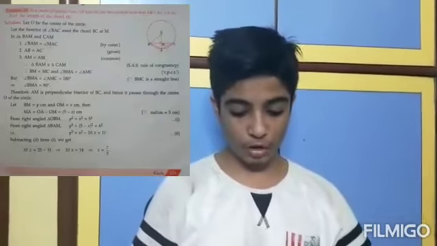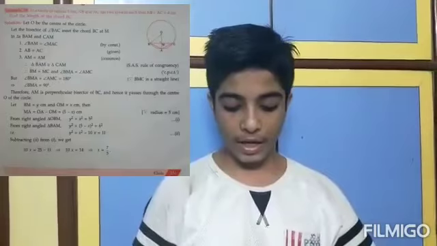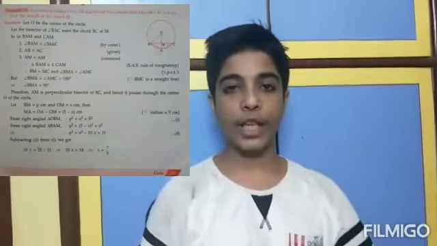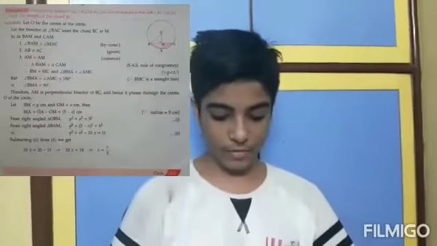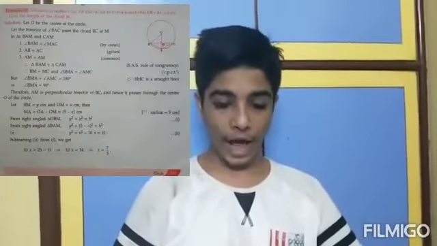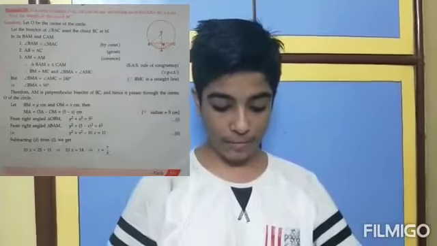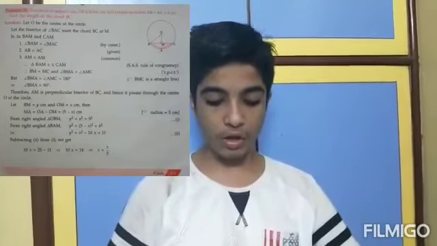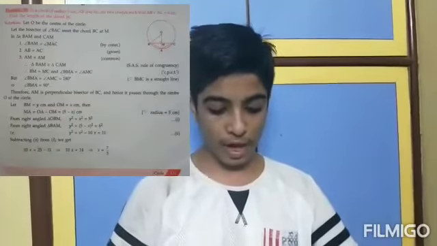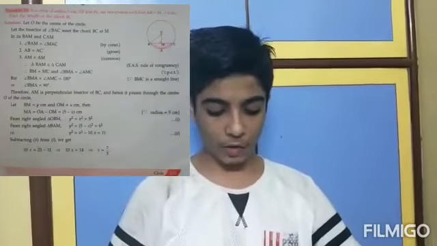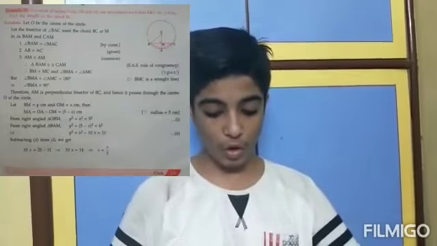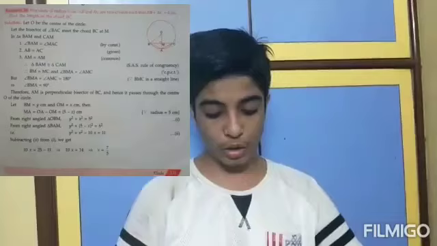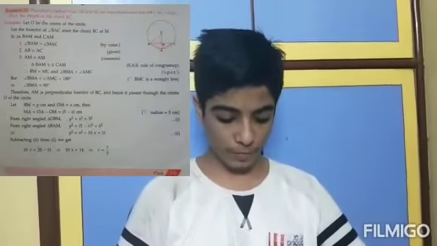MA is equal to OA minus OM, which is equal to 5 minus x centimeter. From right angle triangle OBM, we conclude y square plus x square is equal to 5 square. And from another right angle triangle, BAM, we conclude y square plus (5 minus x) whole square is equal to 6 square.